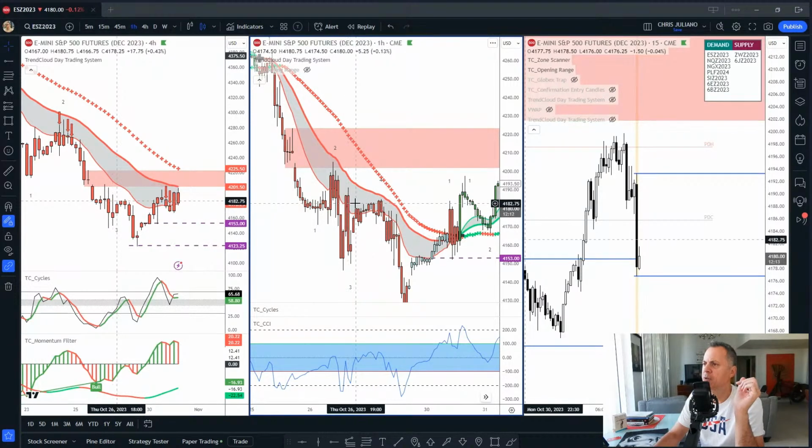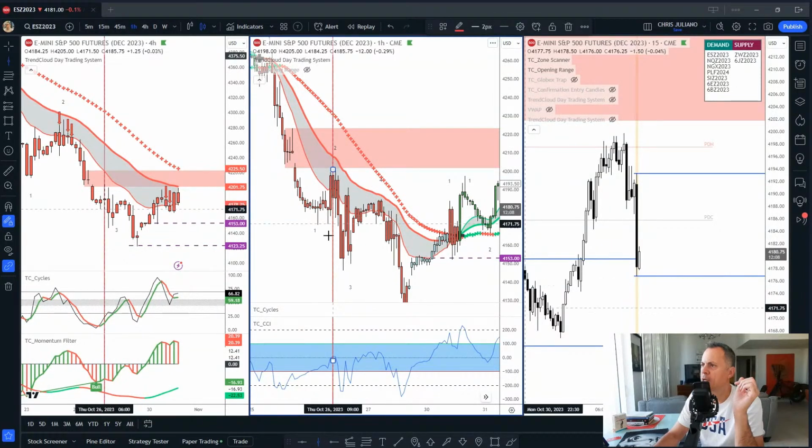We had everything lined up: a downtrend, pulling back into a supply zone. And where was that intermediate momentum on CCI? Below negative 100, pulled back shallow into that blue shaded area, and then the big rip down.